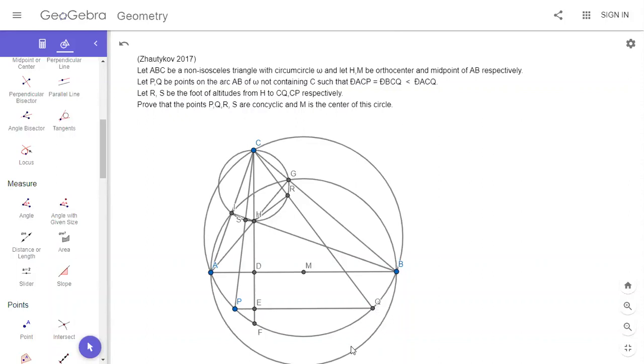And so, can we show M lies on the perpendicular bisector of RS? That's the same as saying that RS is parallel to IG. And I think that's probably just an angle chase to show RS is parallel to IG. Should be.